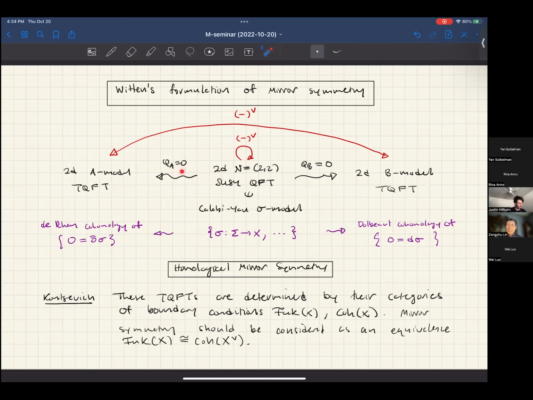Then for the A twist, you look at the fields such that Q_A, this A-type supercharge, is equal to 0. This puts conditions on the field sigma; basically, it says that it has to be holomorphic. Moreover, there are some fermions in this model, and this tells you that in higher codimension you should be looking at de Rham cohomology of various kinds of moduli spaces of holomorphic maps, which we all know very well.